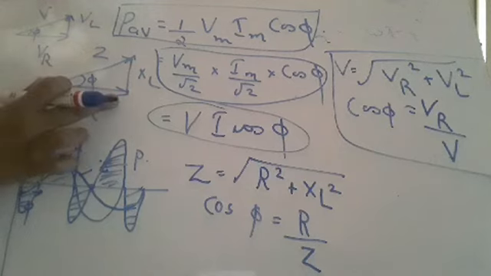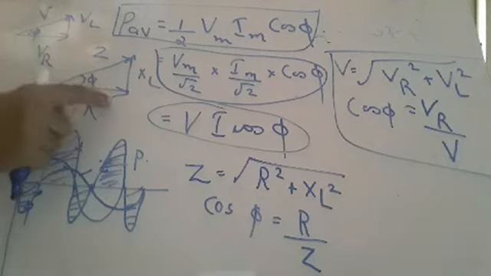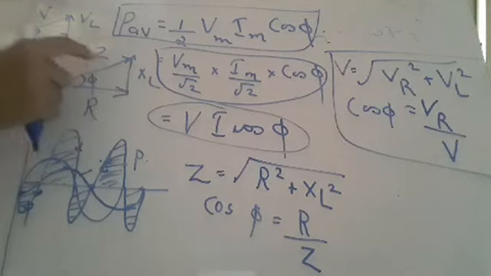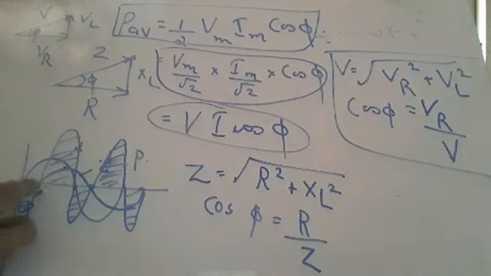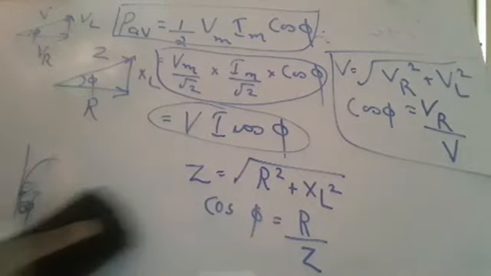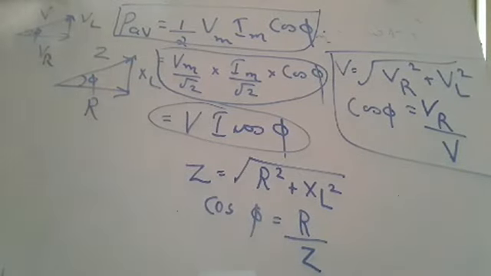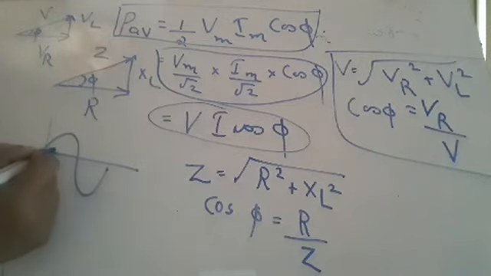If you take the impedance triangle, R is the resistance, XL is the inductive reactance and Z is the impedance, and phi is the phase angle, which is the angle between voltage and current. Taking voltage as the reference, current lags behind voltage by an angle of phi.